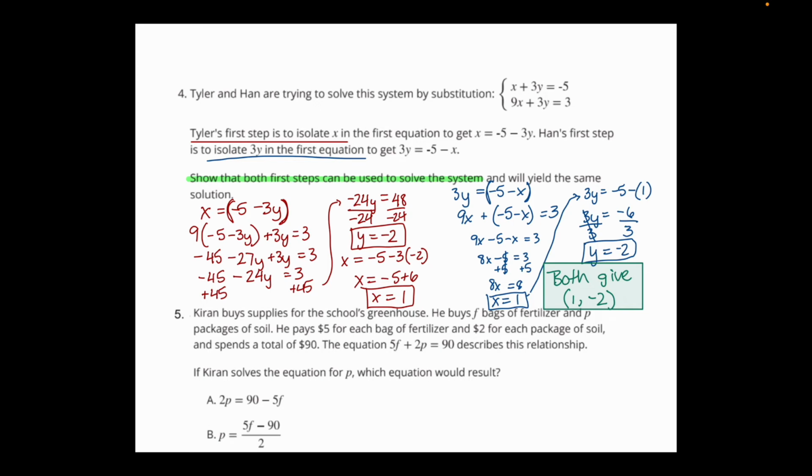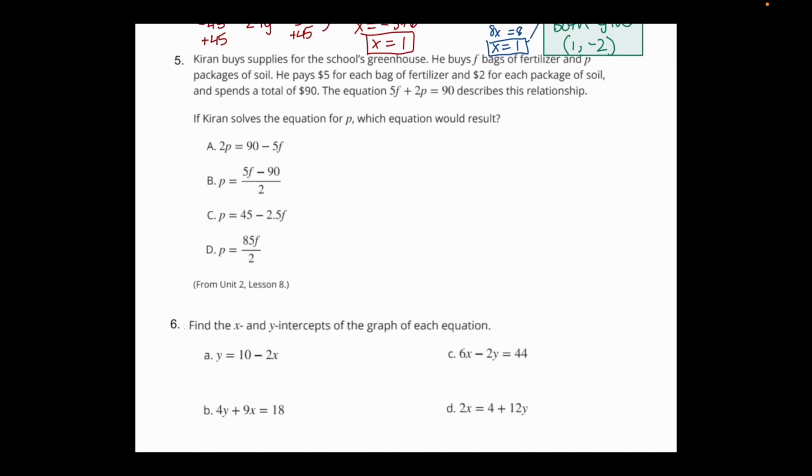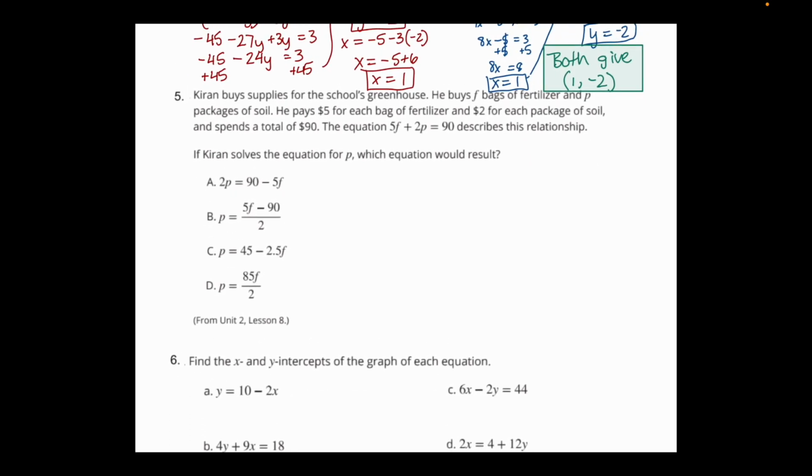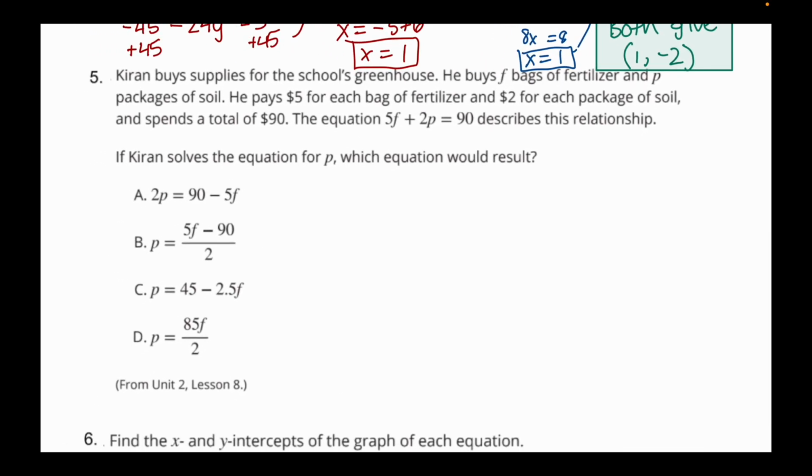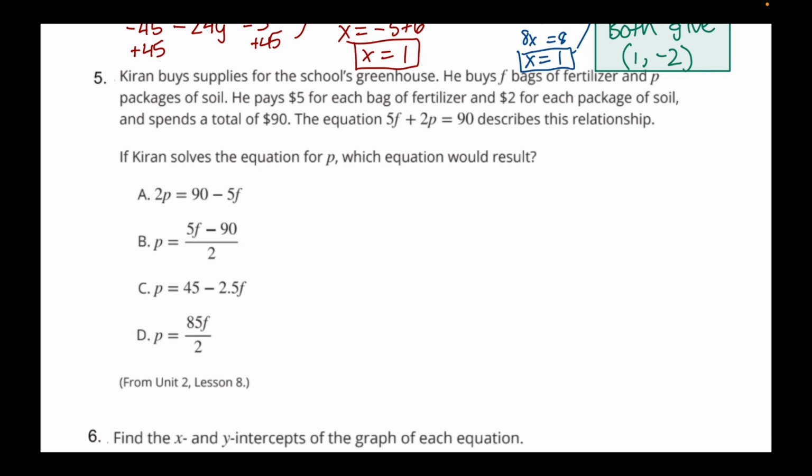That's question number 4. That brings us now to question number 5, which is less about substitution and more about just solving for specific variables, which is very handy in substitution, so it's good to know how to do that. Okay, so Kieran's buying supplies for his school's greenhouse.